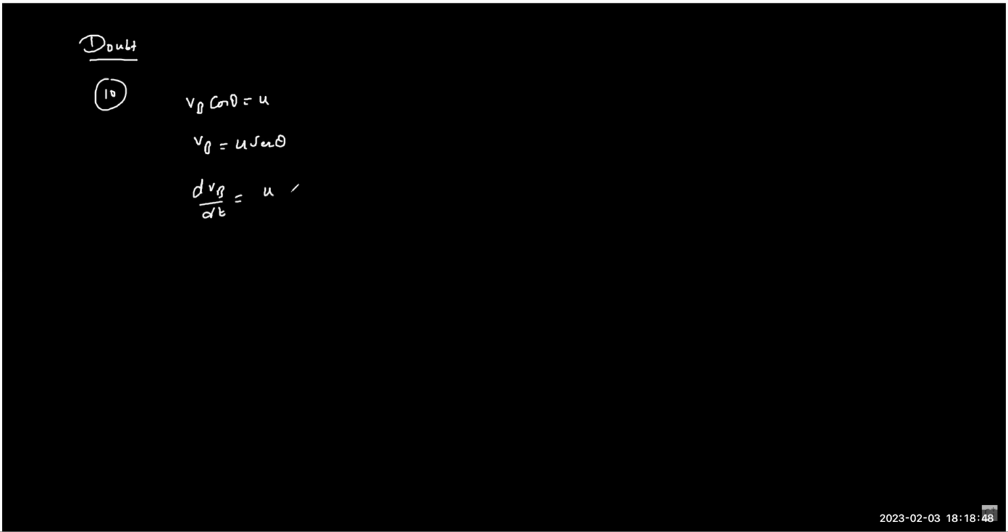It is U into d by dt of sec theta plus sec theta into du by dt. And I think U is constant here, right? So since U is constant, du by dt term is 0.